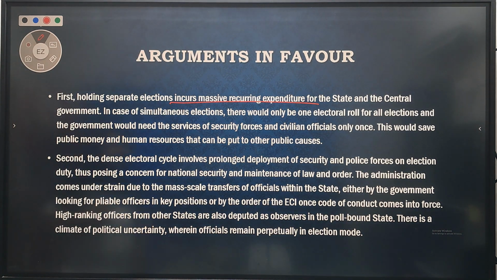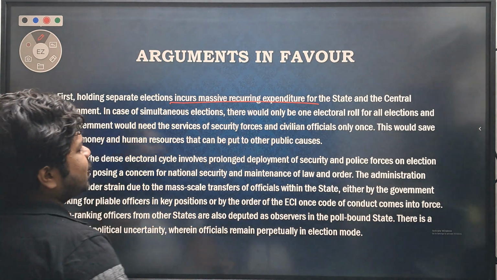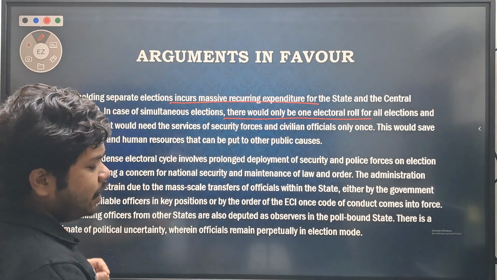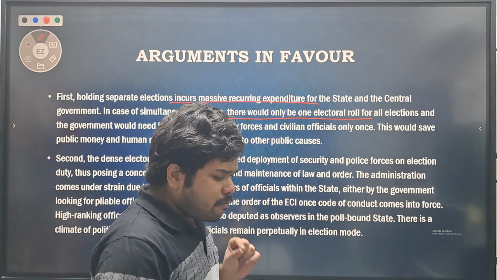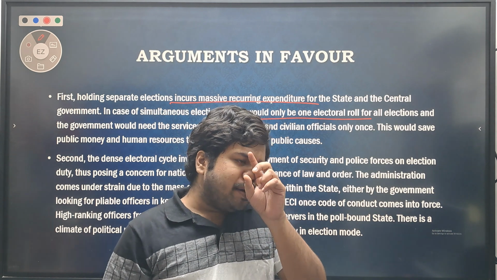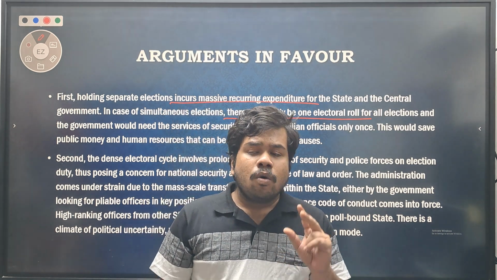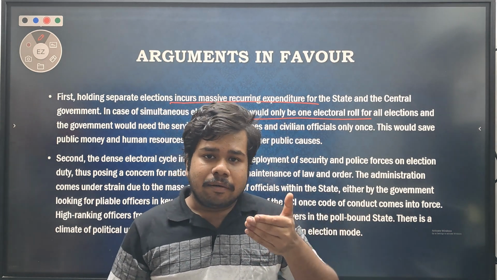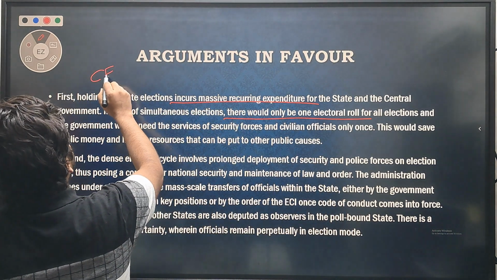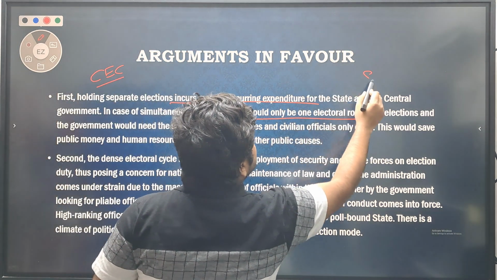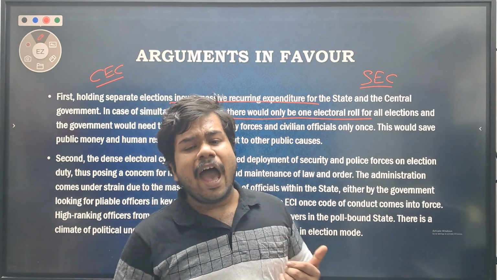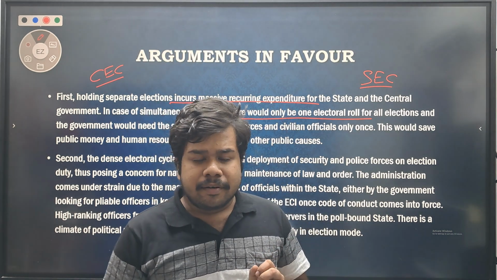spent in every election. In case of simultaneous election, there would be only one electoral roll for all elections. At this point of time, the commission has to maintain two electoral rolls, one made by the Central Election Commission and one made by the State Election Commission, and these electoral rolls have to be updated regularly.